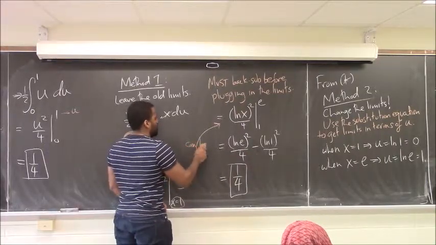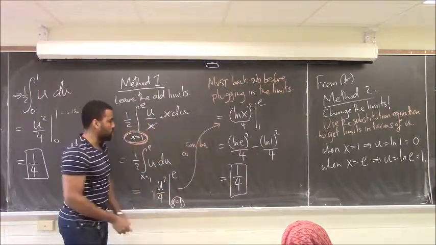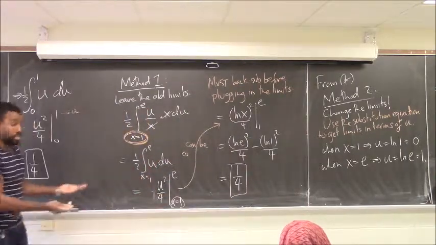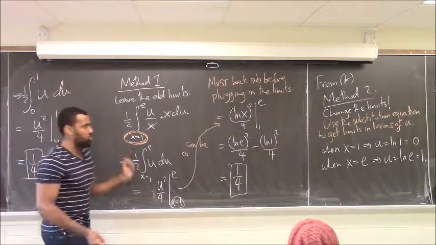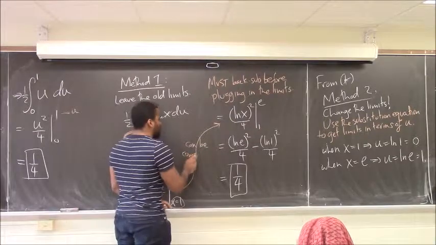Just easily plugging in your u with ln x looks very simple here, because it is, but there are cases where getting your answer back in terms of the original variable can be complicated.